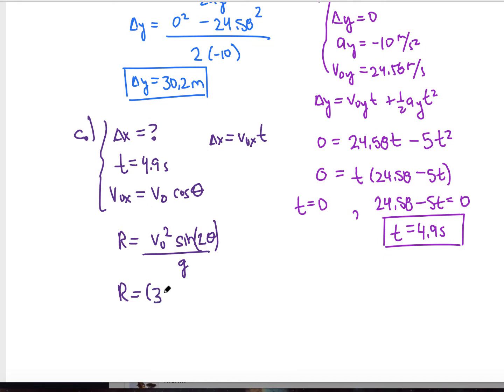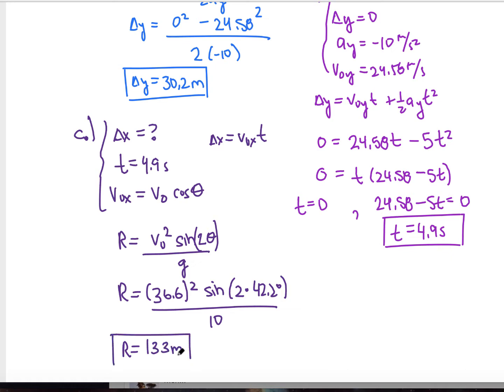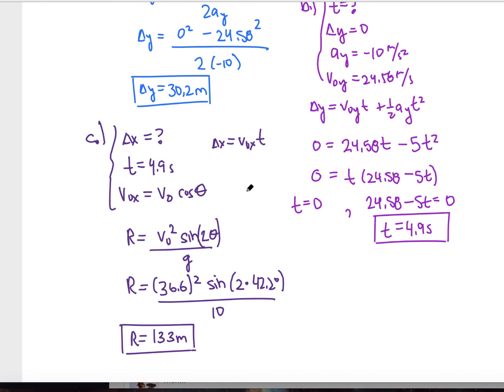So I have 36.6 squared times the sine of 2 times 42.2 degrees over g, which is just 10. When I calculate this, my range, or my maximum x displacement, is 133 meters. So not too bad. We just use this equation and we can find that range.